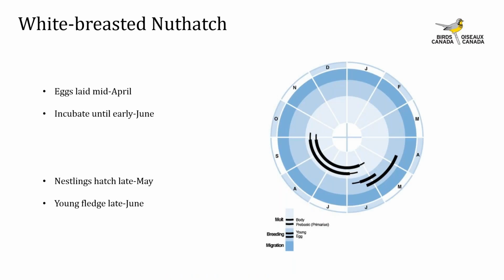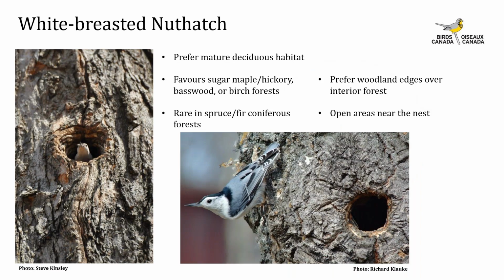So the white-breasted nuthatch begins laying eggs in mid-April and incubates until early June. There is a very short young period where they begin hatching in late May and are fledged a month later in late June. Their preferred habitat is mature deciduous forests, but they can be found in mixed deciduous and coniferous woodlands and occasionally in residential areas.